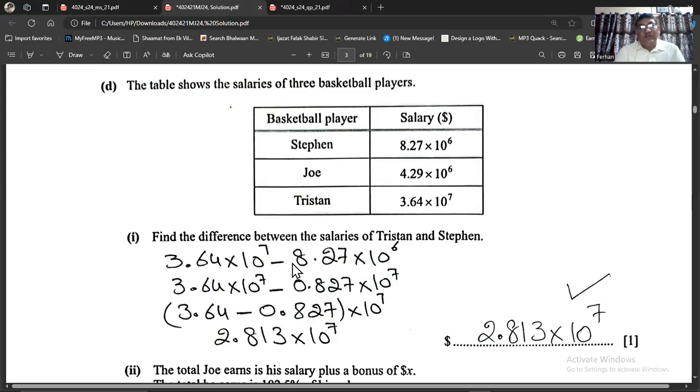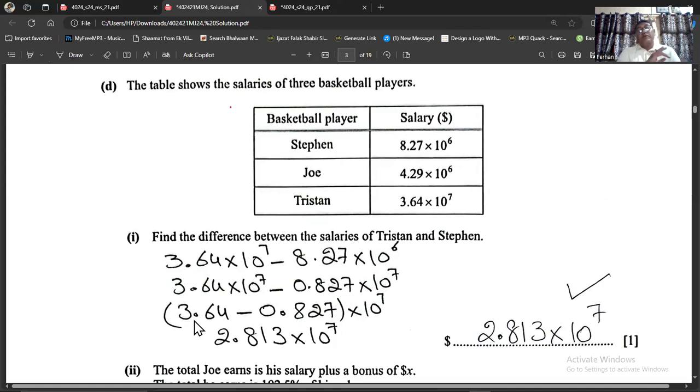I will move this decimal one step, so this will become 10 raised to the power 7. Then I will take 10^7 common. So in the bracket, I will be left with 3.64 minus 0.827, and this bracket is multiplied by 10^7.